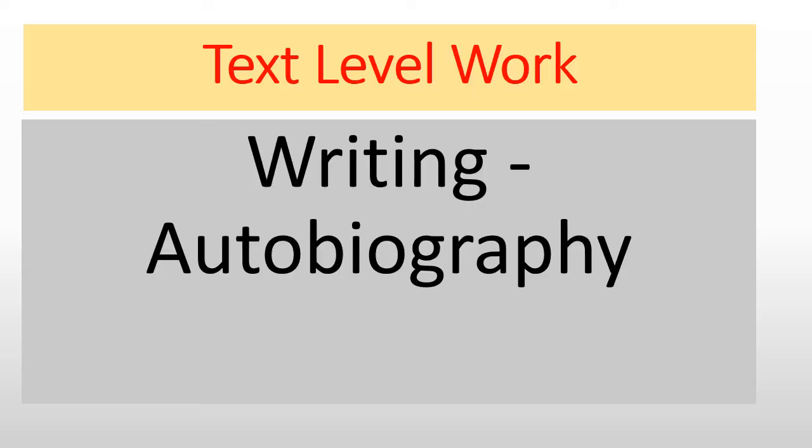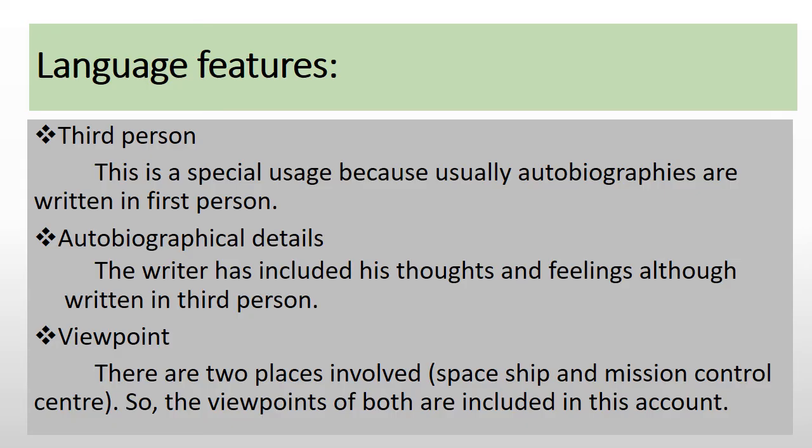The last one is text level work. Here we are discussing about writing autobiography. So we are going to discuss the language features we find in this passage. It's an autobiographical piece.